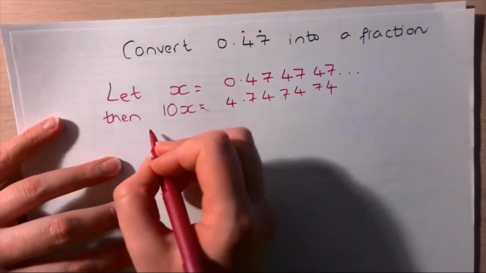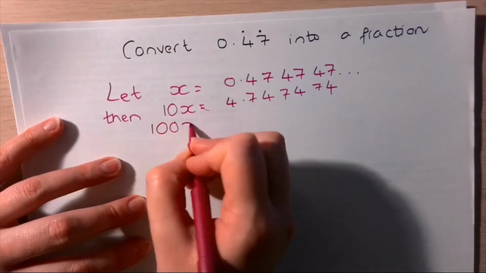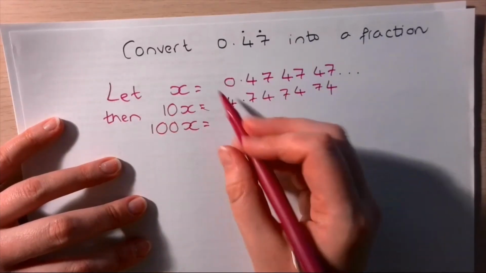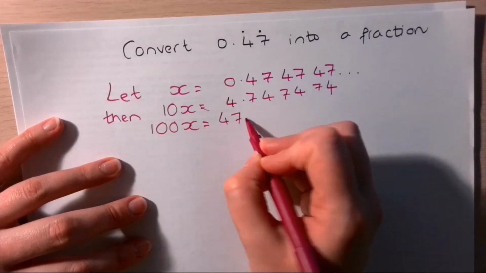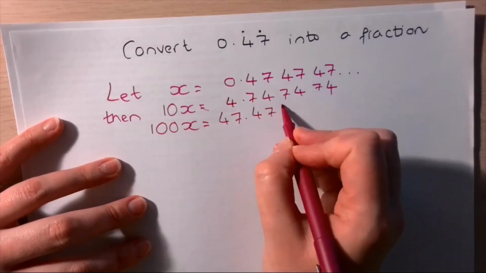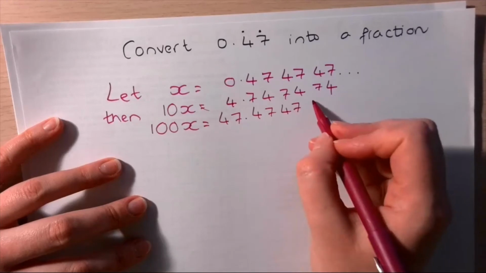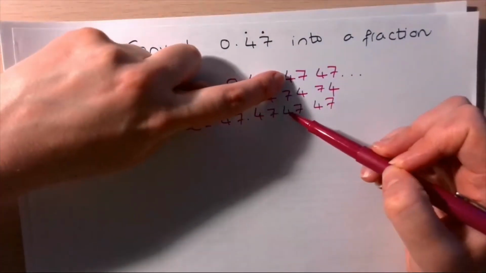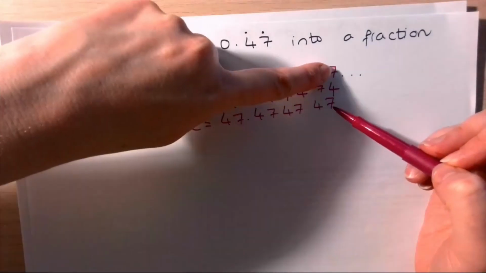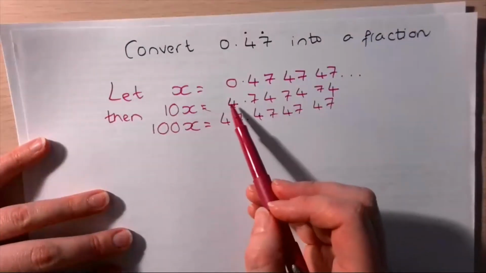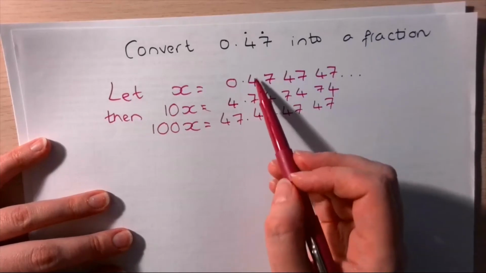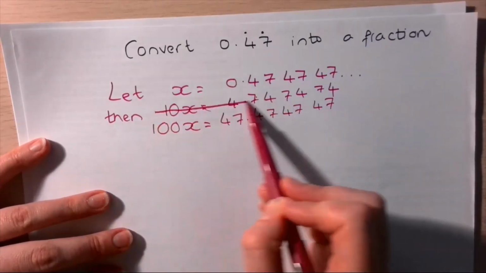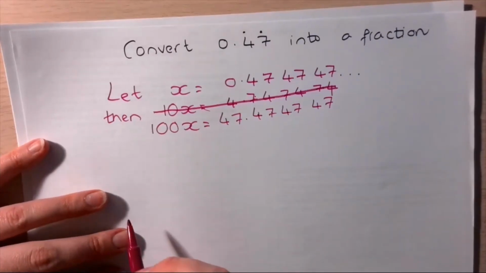In this case, we'd want 100x. If we multiplied by 100, the 4 and the 7 would end up over here, and we'd get 47.4747. So as you can see, these all start to match up now, so that's going to let us cancel them out when we subtract them. It wouldn't have worked with 10x, because we don't have the matching digits, so we're going to get rid of that one and use 100.